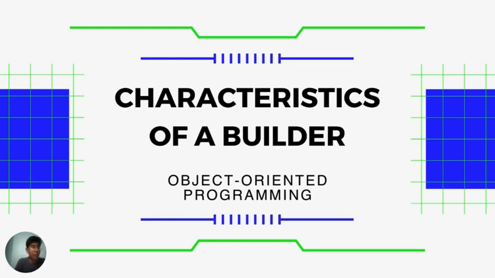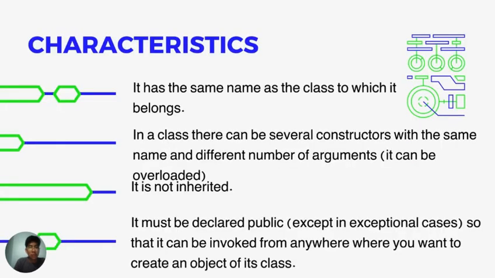I am going to talk about the features of constructors. There are some features, but these could be the most important characteristics. It has the same name as the class to which it belongs.